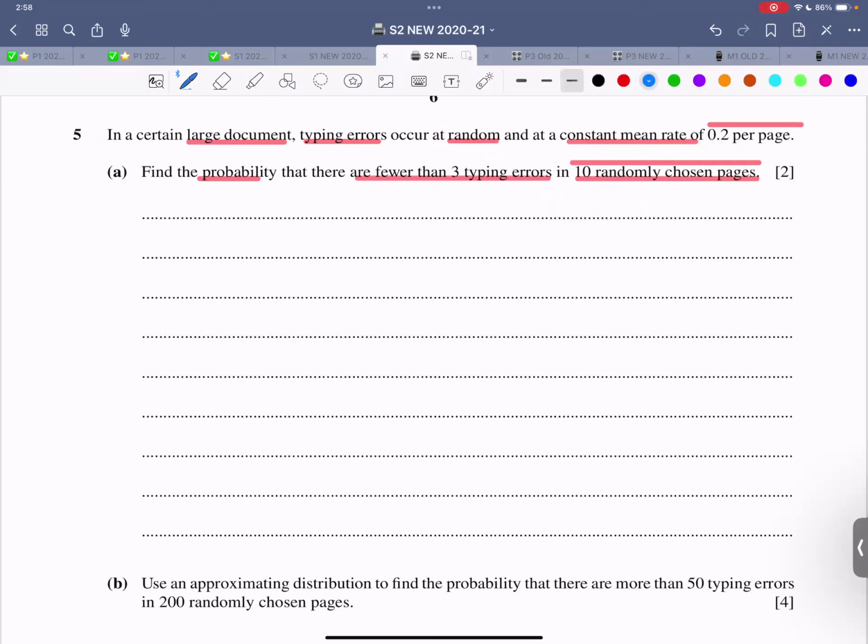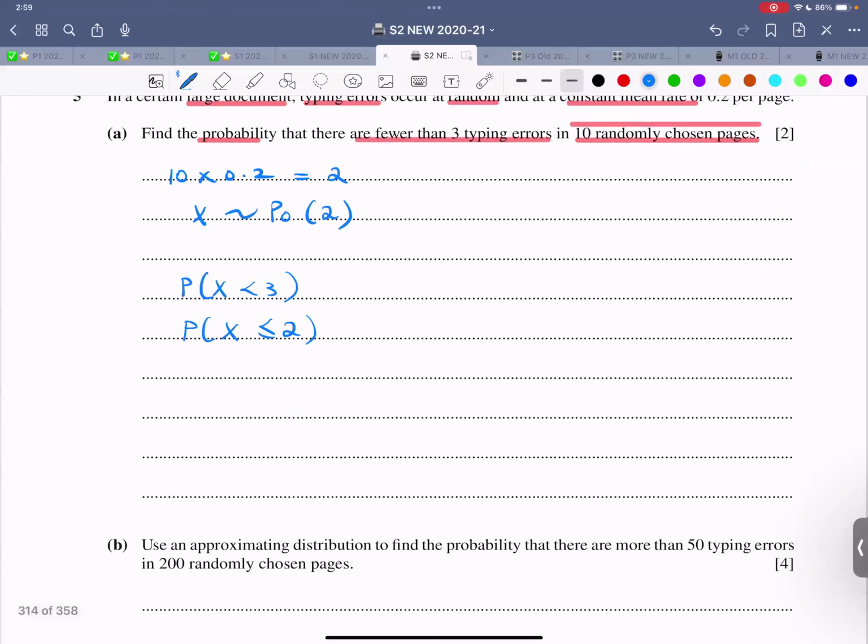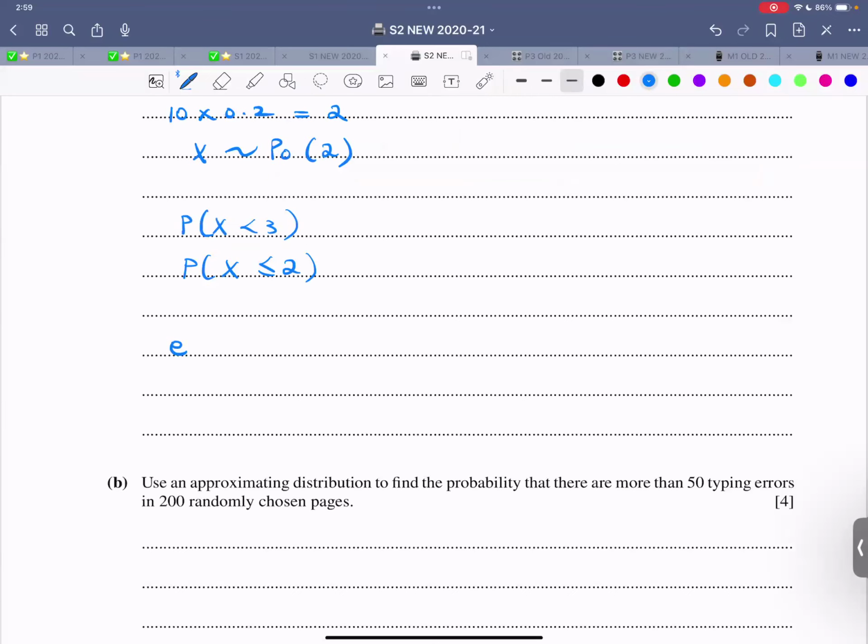Now, first of all, let's take 10, multiply it with 0.2. That comes out to be 2. So X follows a Poisson distribution with 2. Fewer than 3: probability X is less than 3, that is probability X is less than or equal to 2, which is e raised to the power of negative lambda, where lambda is the mean number of occurrences, times 1 plus lambda over 1 factorial plus lambda squared over 2 factorial.